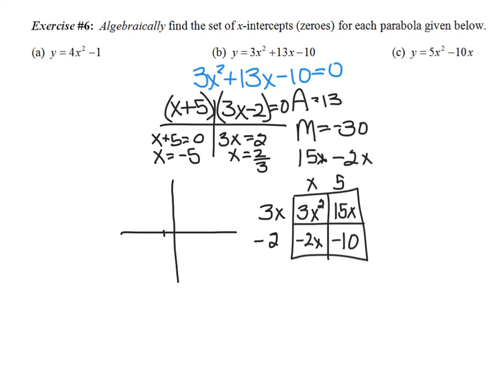My one intercept is going to occur at -5, so right here. My other intercept is occurring at 2/3, so right about there. I don't know exactly how far down my parabola goes, but I do have a good indication of what the graph will look like because I know that it opens up and it has the x-intercepts of -5 and 2/3.